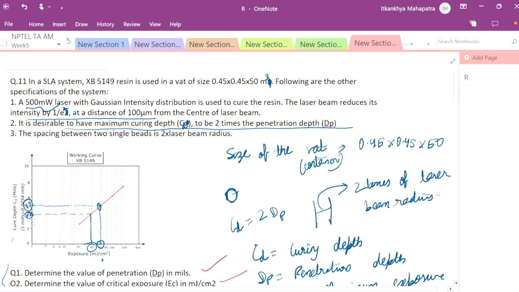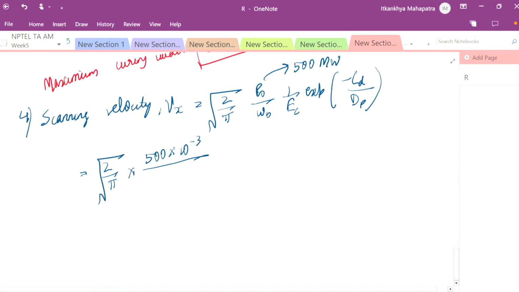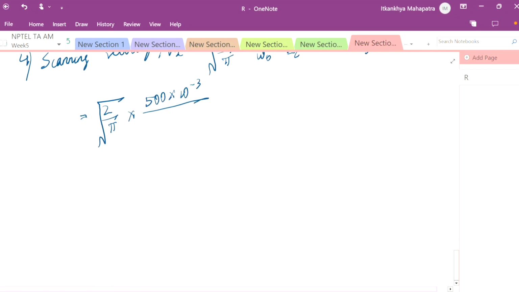It is in milliwatt, sorry. And W0 is 100 micrometer, so we write it as 100 into 10 to the power minus 6.